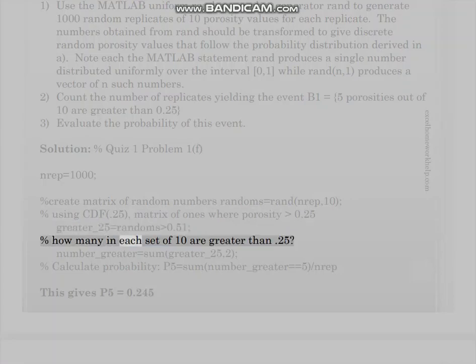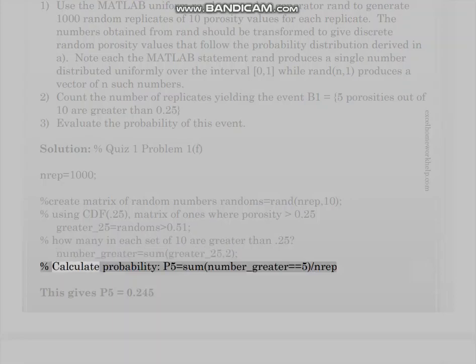Percent how many in each set of 10 are greater than 0.25? number_greater equals sum(greater_25, 2). Percent calculate probability: P5 equals sum(number_greater equals 5) divided by nrep. This gives P5 equals 0.245.